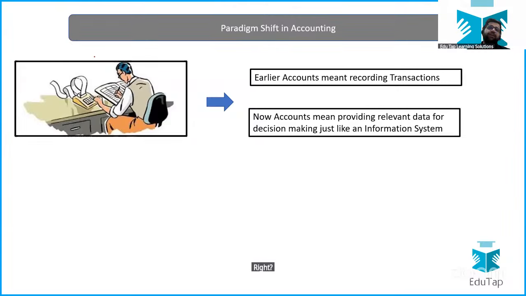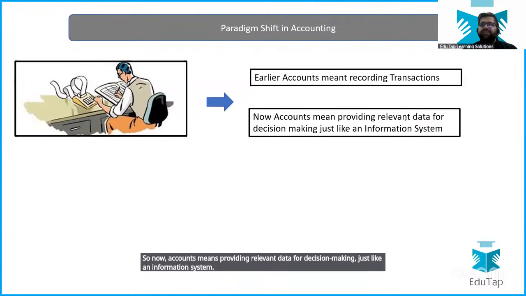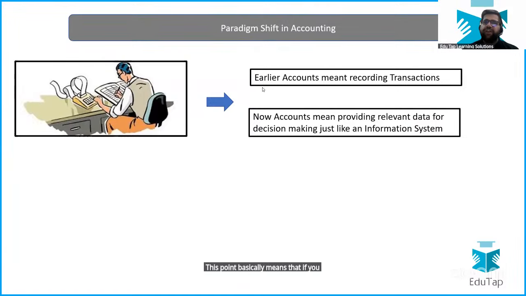So if you are just recording, then it's the old definition of accounting. But if you are doing analysis of what you have recorded, that is the new age definition of accounting. So now accounting means providing relevant data for decision making, just like an information system. This basically means that if you are just recording and not analyzing what you have recorded, then it's the old age definition.